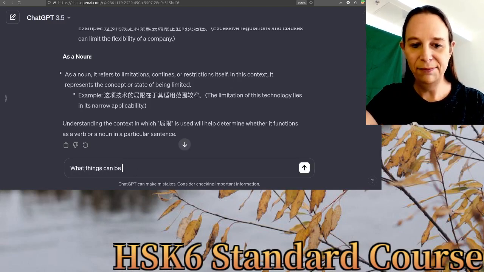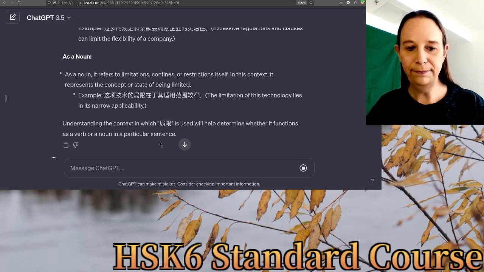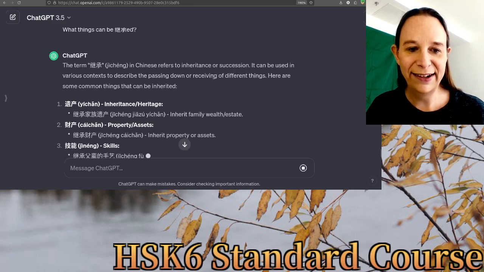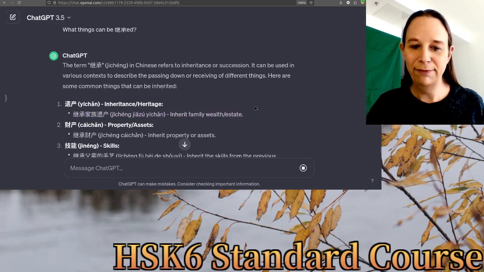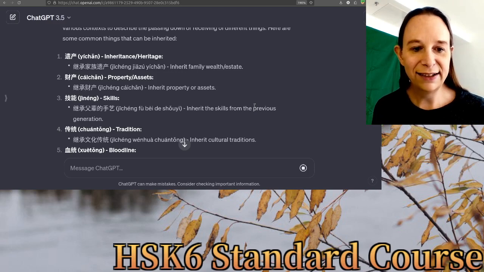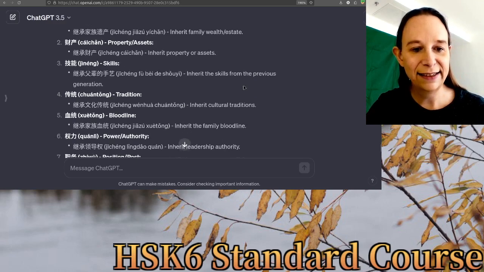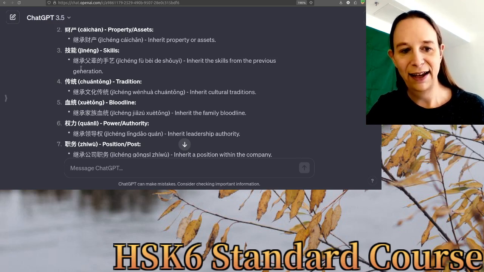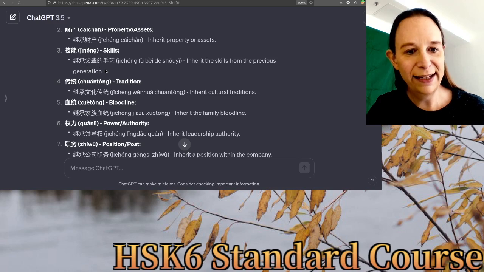What things can be 继承? 遗产. So you can inherit estate. 继承财产, inherit property, assets. Assets maybe is better. 继承父辈的手艺, inherit skills.